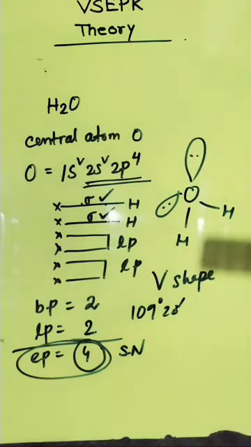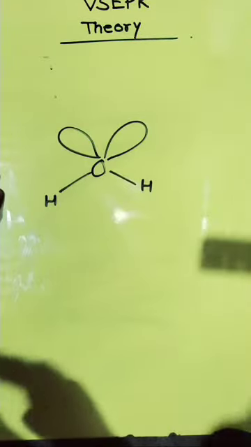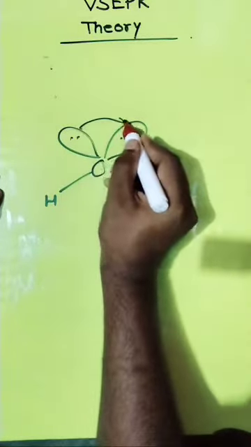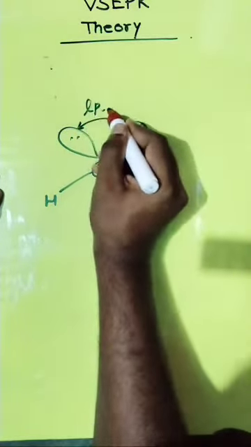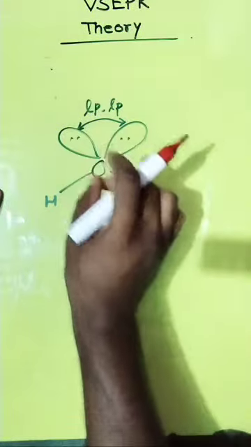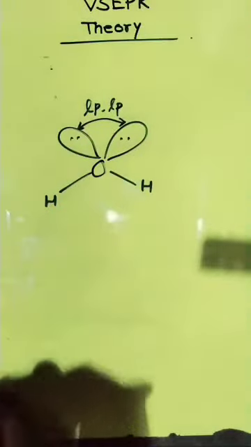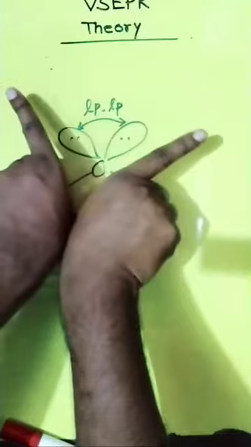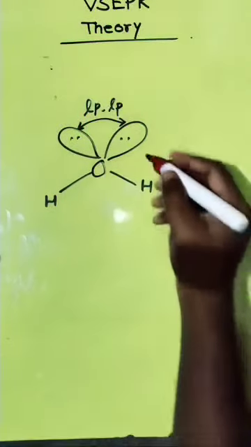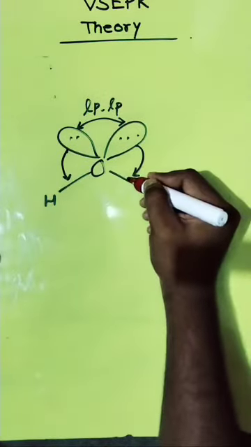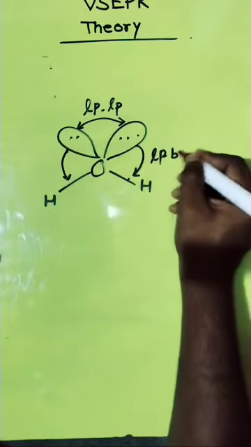But in the case of water there are 2 lone pairs, and there is a lone pair repulsion force. This lone pair repulsion repels the lone pairs in this way, and they stay far apart from each other. That's why they also create a repulsion force between the lone pair and bond pair, and it is known as lone pair bond pair repulsion force.